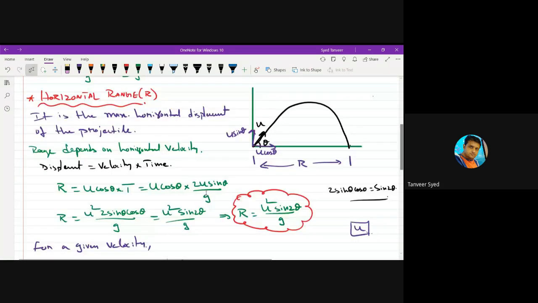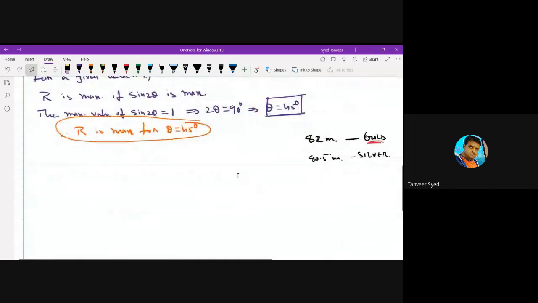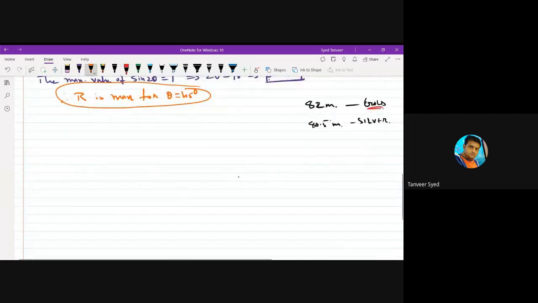These are the 4 parameters of a projectile. What are they? First one is the equation of trajectory: y is equal to tan theta x minus g by 2u square cos square theta into x square. Second is time of flight, 2u sin theta by g.